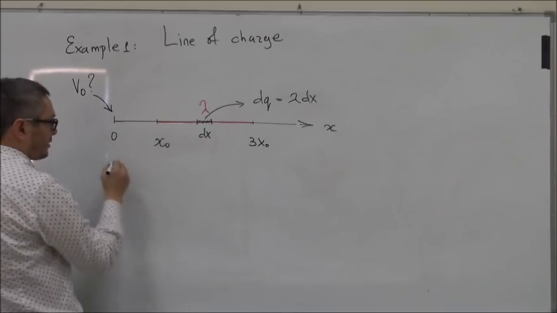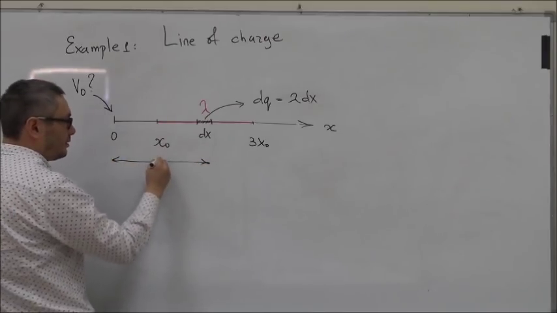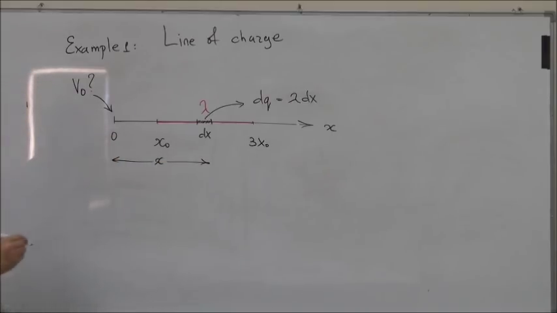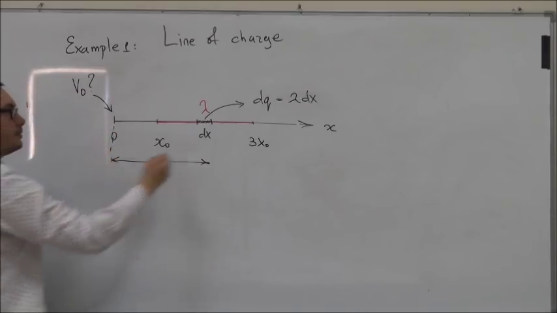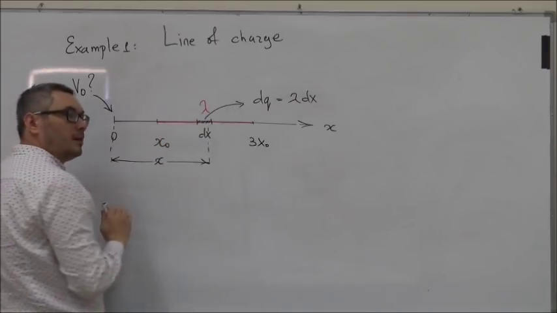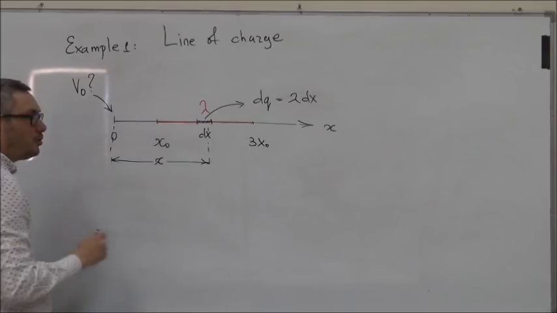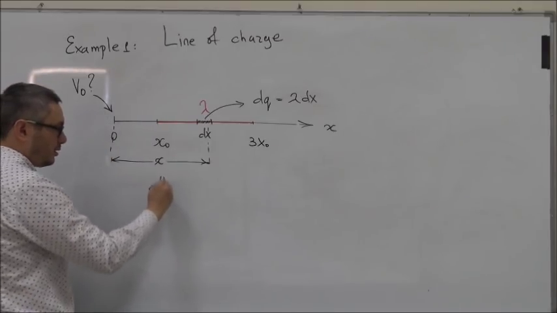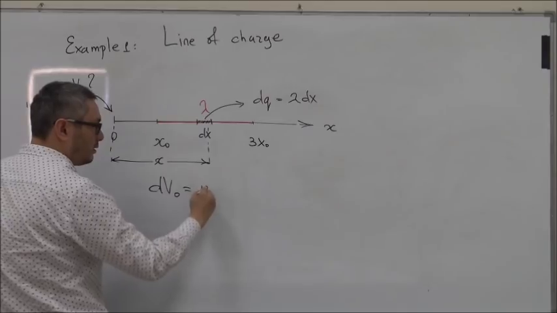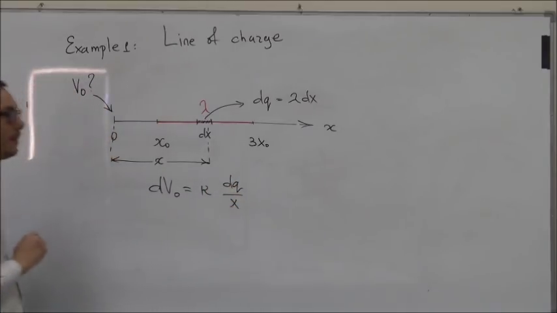This element dx is at the distance x from the origin, which is a variable. And so the contribution to the electric potential of this element dx at point O is equal to k dq over x.